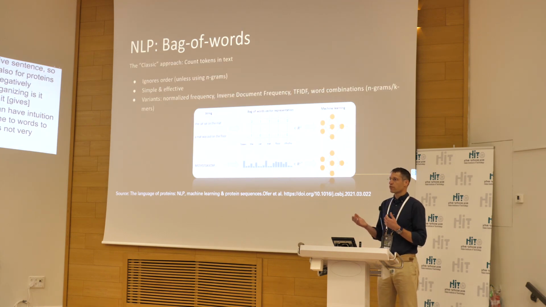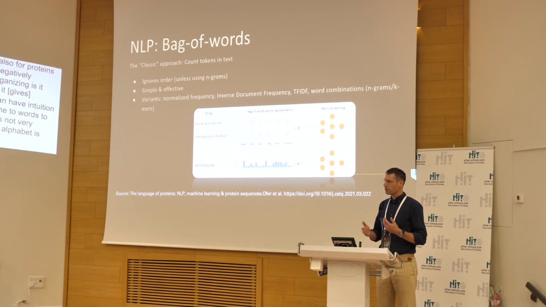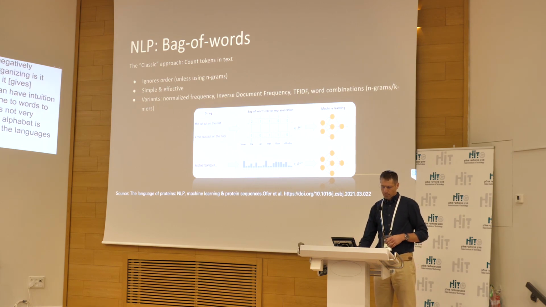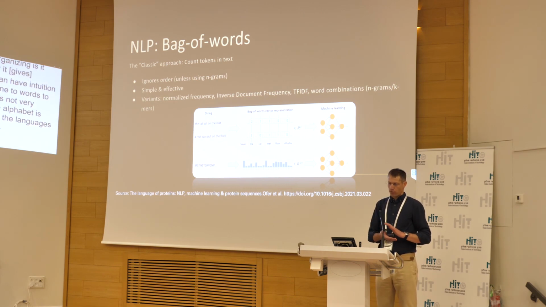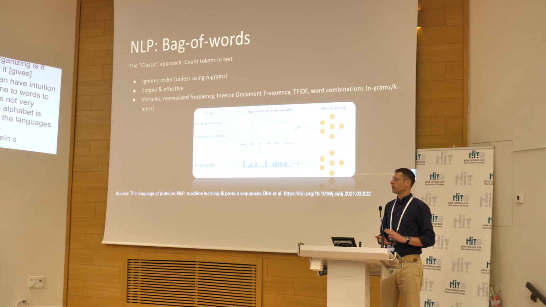The alphabet is also a little bit similar. In text we have, depending on the language, 20-something letters, and in the protein world we have 20 letters. The classical approach for protein sequences uses simple NLP methods like bag of words.